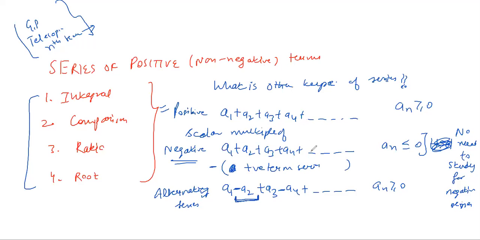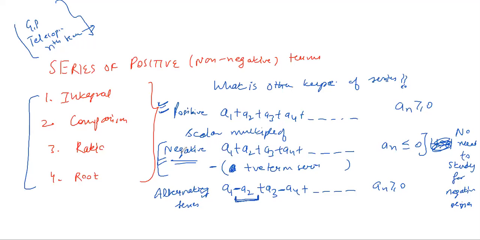And we know the results about convergence and divergence: whatever the original series is, convergent or divergent, a scalar multiple of that series remains the same. A scalar multiple of a convergent series is convergent, and a scalar multiple of a divergent series is divergent. That is why the negative series has no sense of its own to be discussed separately, because it is just acting as a scalar multiple of the positive series. So the tests applied to positive series will apply to negative ones too. The negative sign is just taken out, and you will not find such a question in the book. In fact this point is never discussed because of this trivial reason. So I hope that is clear.